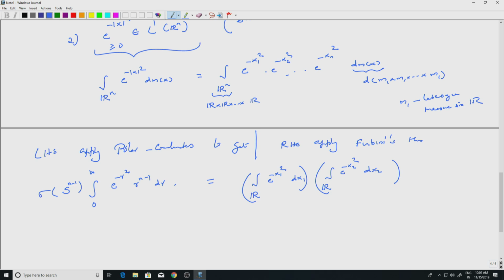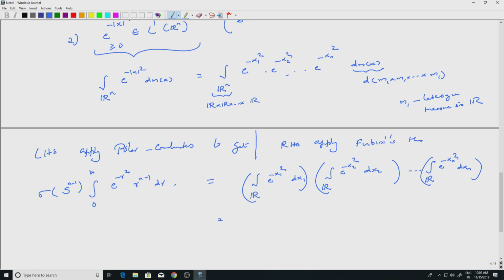You can integrate in any order, that is what Fubini's theorem tells you. So this gives e to the minus xn square dxn, but these integrals are all the same, right, x1, x2, x3 are all dummy variables.